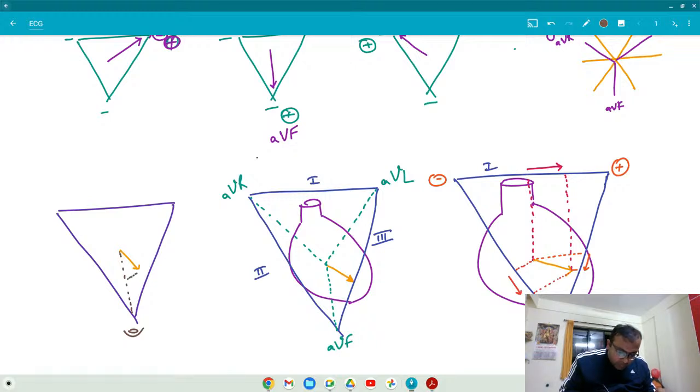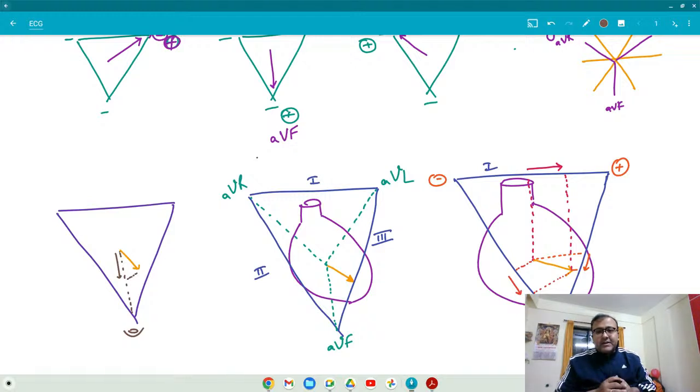So you tell me that if you drop perpendicular, then the direction of the depolarization is towards the anode or away from the anode? Towards the anode. Now, let's say this one was AVF.